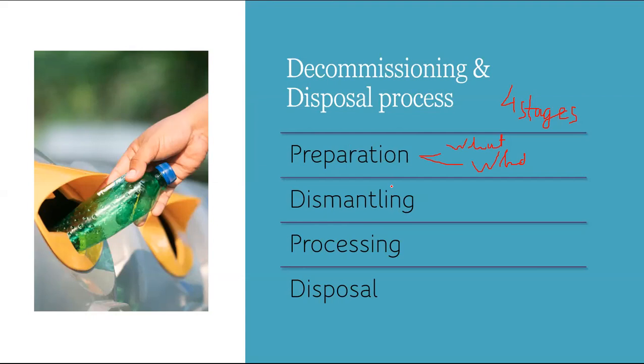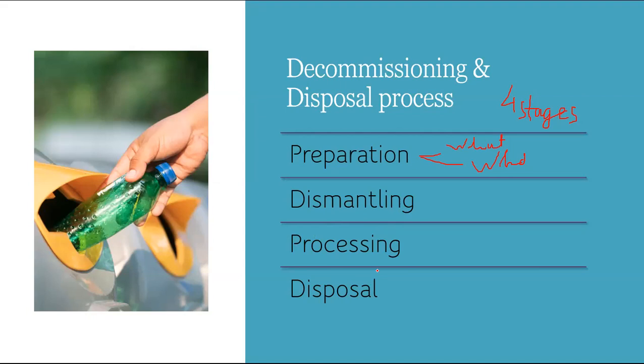Then in dismantling, the team tries to disassemble and collect the harmful substance. In processing, we process the harmful substance and sell off the rest of the machine, for example.